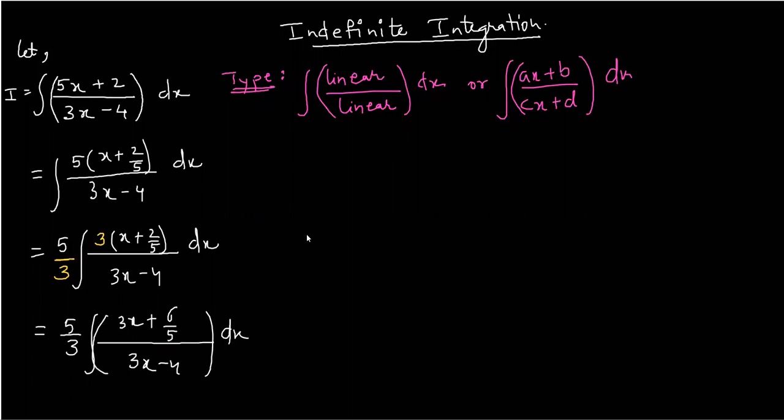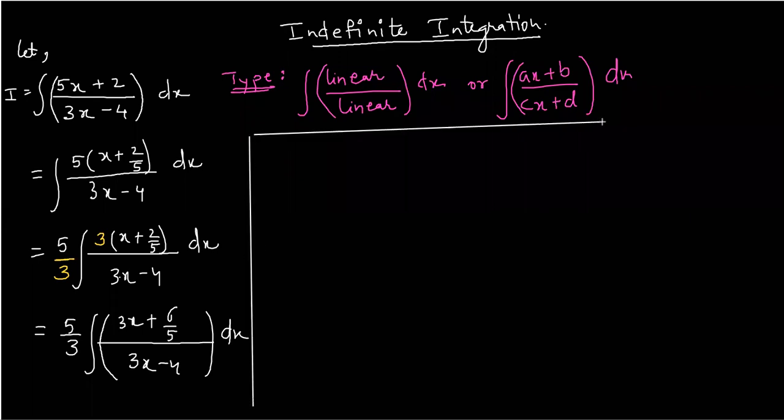The reason for dividing by 3 and multiplying by 3 is that I want the coefficient of x in the numerator to be the same as the coefficient of x in the denominator. The coefficient of x in the denominator is 3, so I made it the same in the numerator. Therefore I equals 5/3 times the integral.